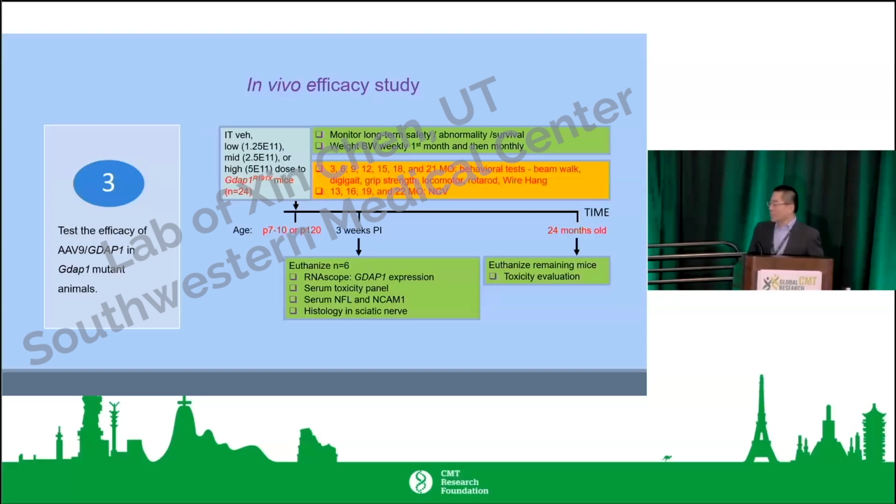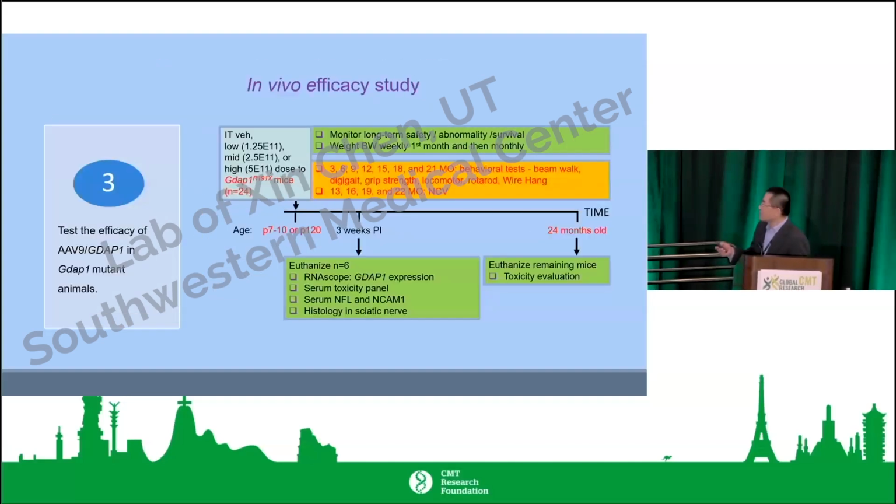At 3 weeks post-injection, we used 6 mice per group and did RNAscope to verify GDAP1 RNA expression, serum toxicity, and serum biomarkers, and also performed histology inside the nerve. At the end of the experiment, when mice reached 24 months old, we euthanized all remaining mice for a further detailed toxicity evaluation.